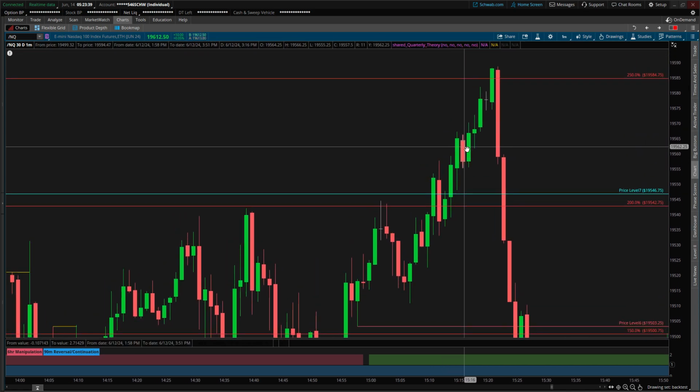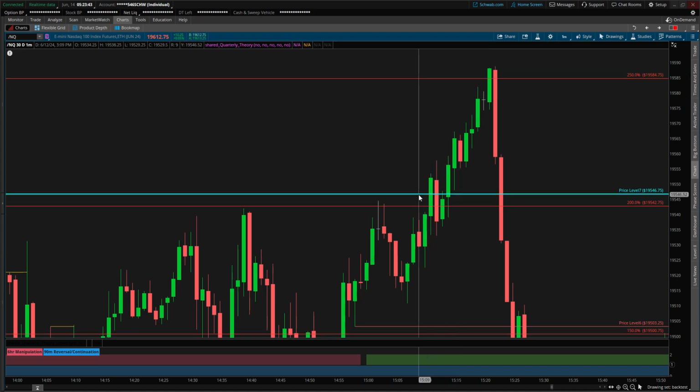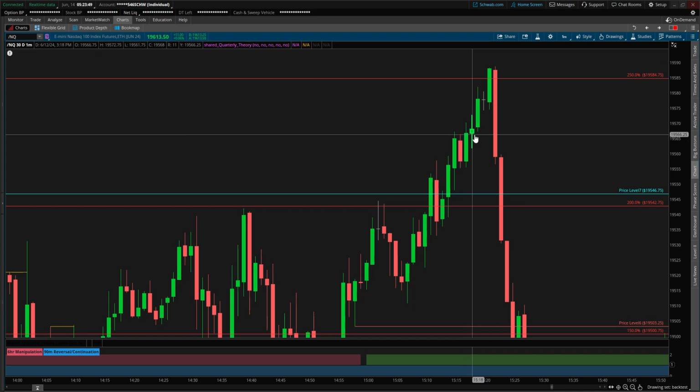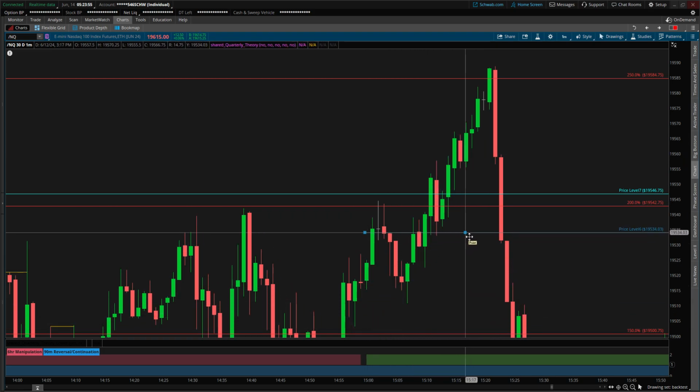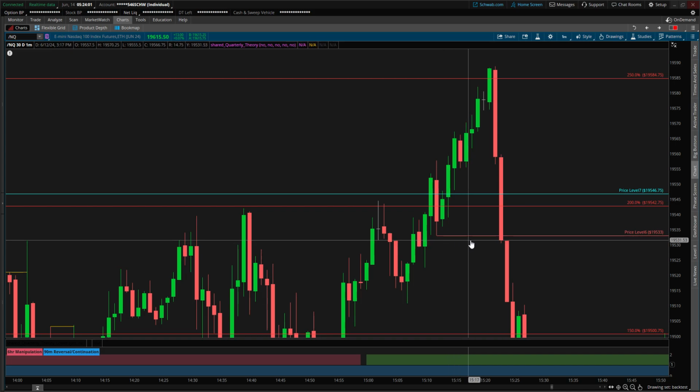Moving up, right about now target's up here. Second target and final target is up here. I scaled out 50% here and the other 50% here. So I think it was on this candle, excuse me, this doji candle, I did move my stop up to about 10 points below my first target, which was this swing point low, short-term low.